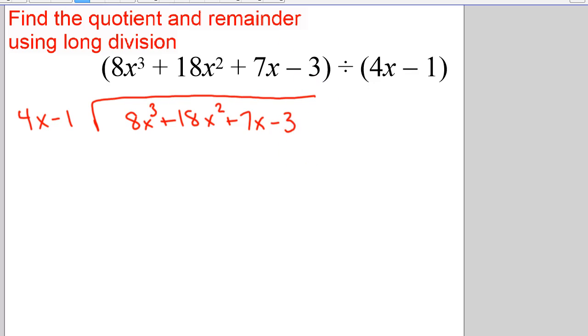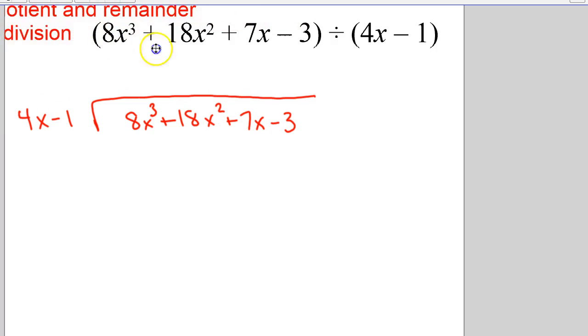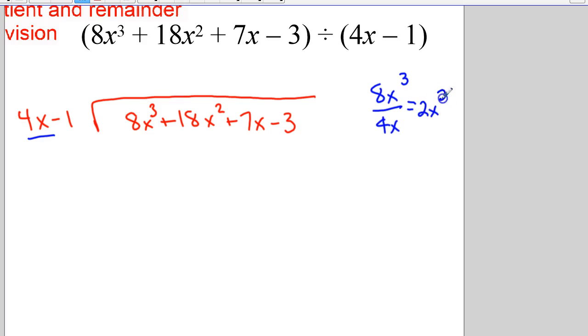plus 18x squared plus 7x minus 3. I'm going to scoot this out of the way so I can actually do my work. All right, so the first thing I'm going to do is I'm going to take 4x and say, what is 8x cubed divided by 4x? Well, that's a 2x squared, so that's the number I write here.